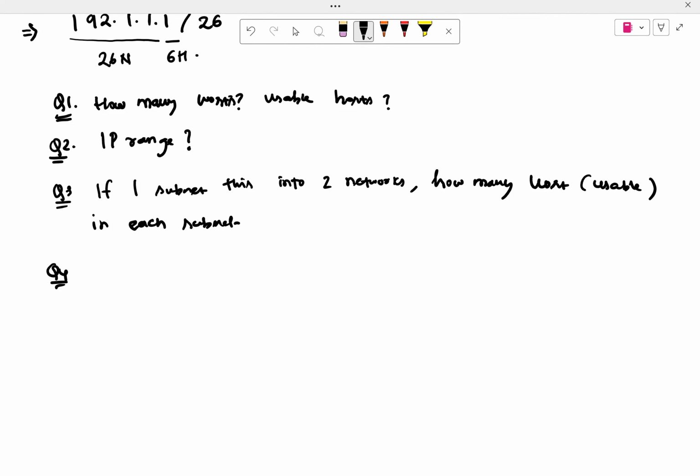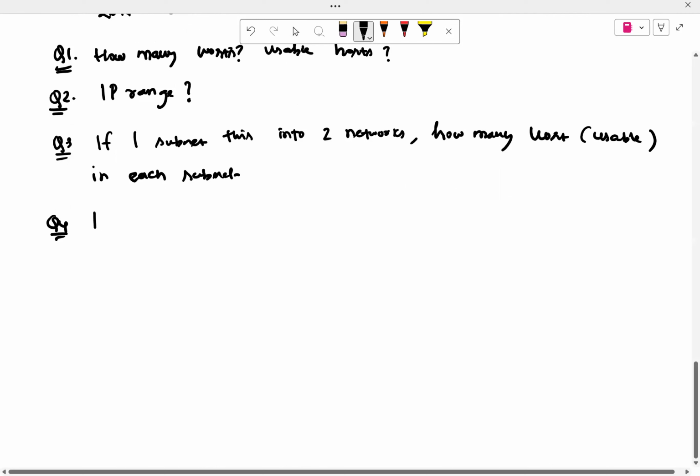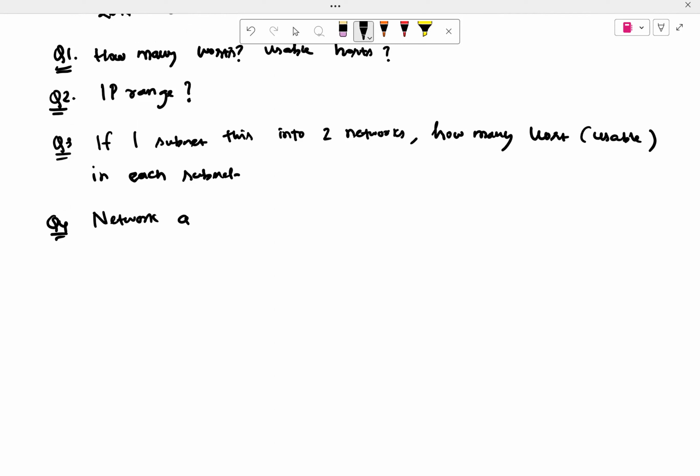Question 4: the network address of the second subnet.